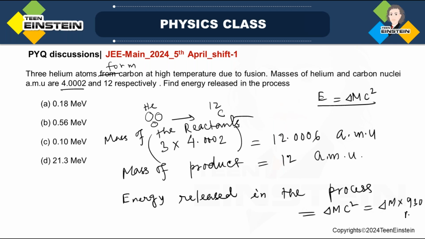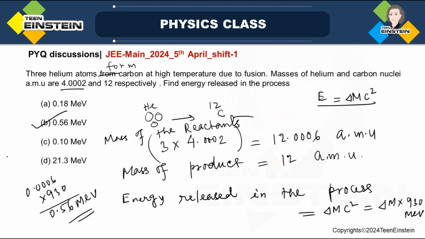That will give you the energy in MeV. So if you multiply 0.0006 with 930, this will give you something like 0.56 MeV. All right, so this will be the answer. Option B will be the answer for this question.